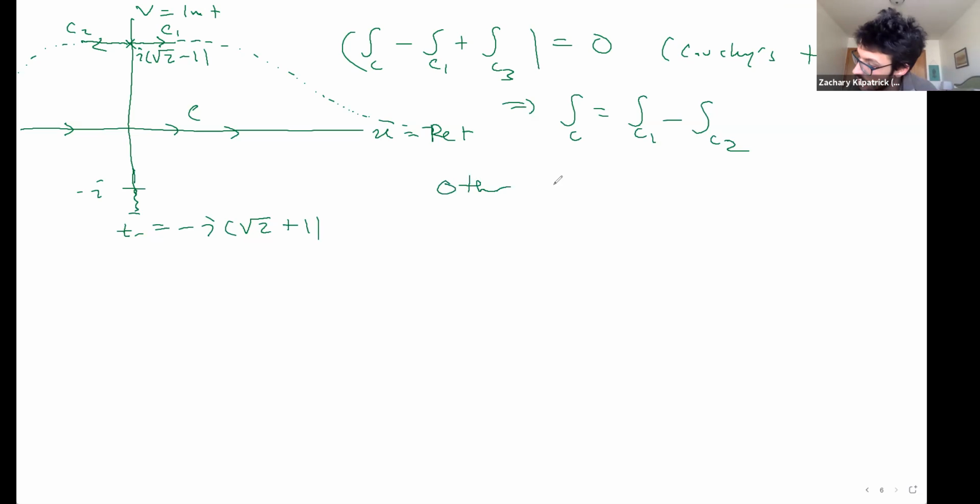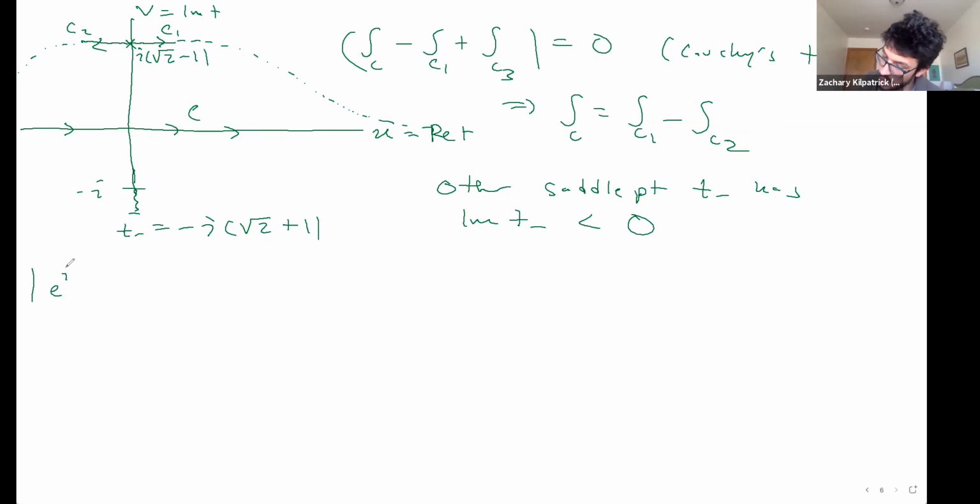And notice that the other saddle point t minus has imaginary part of t minus which is going to be less than 0. So it's outside of there. Okay. The function e to the i x t has magnitude equal to e to the minus the imaginary part of t in this case.